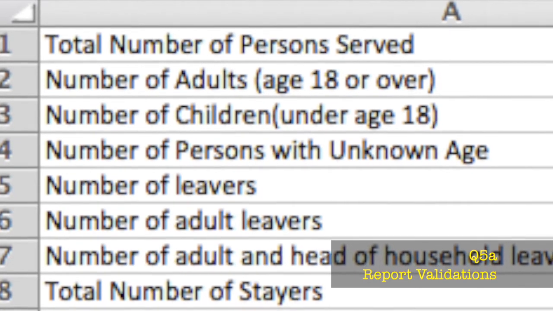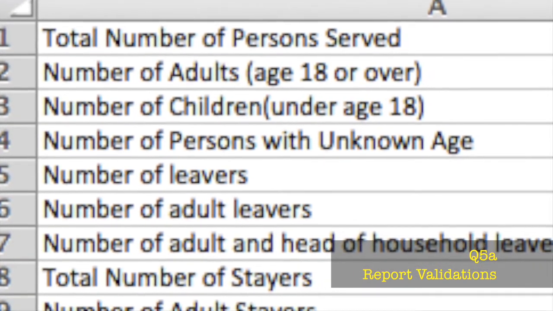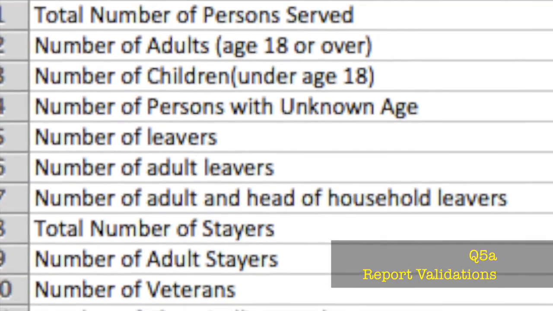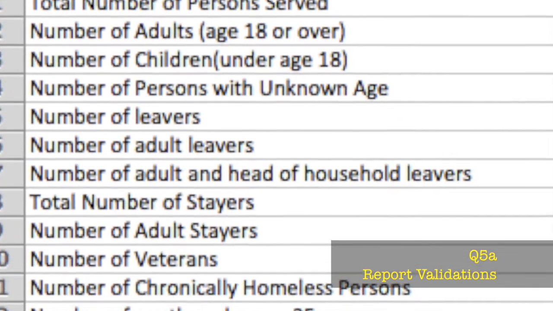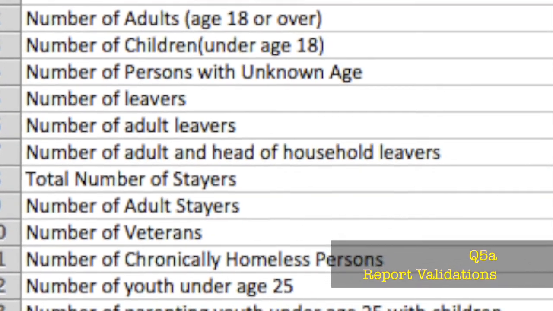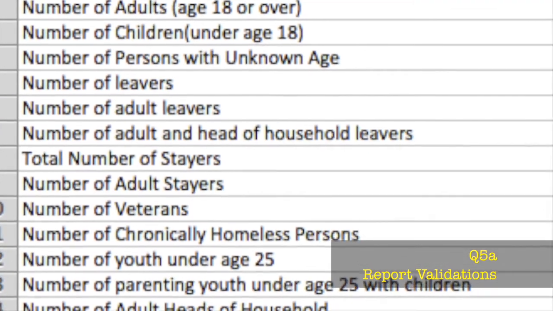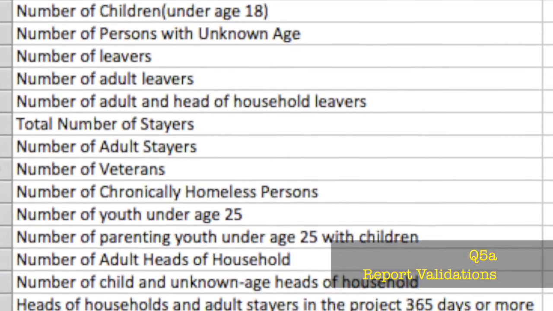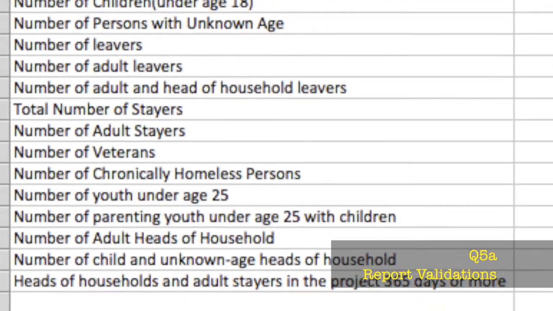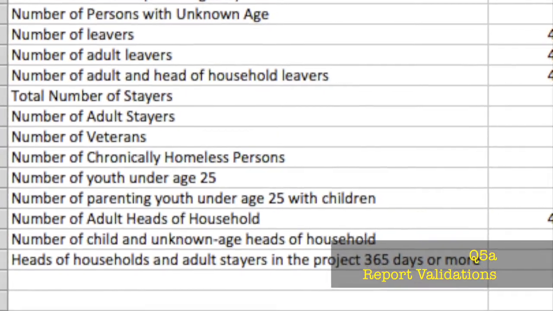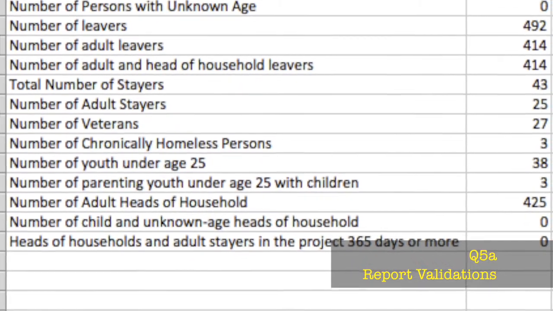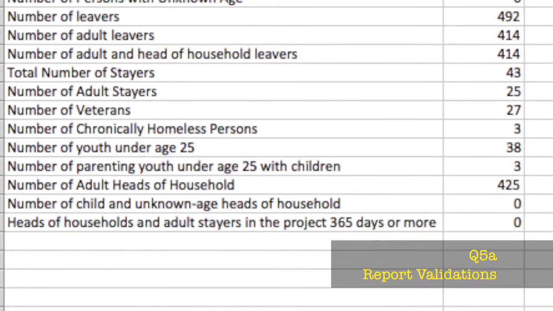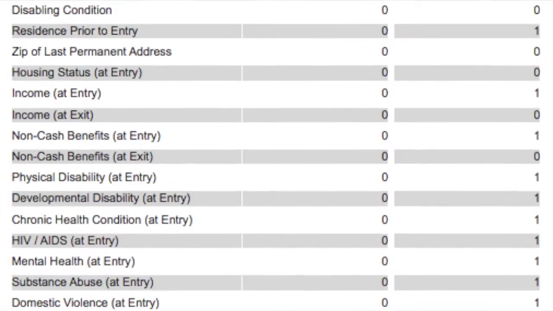And then down towards the bottom, you'll see a lot of different categories that the previous APR didn't have, such as number of veterans, chronically homeless persons, youth under age 25, parenting youth under age 25 with children, number of adult heads of household, and number of children in unknown age head of households. That number should always be 0 if you are inputting your data correctly, meaning that everyone that you enroll has a birth date, or an approximate birth date if the actual birth date is unknown.